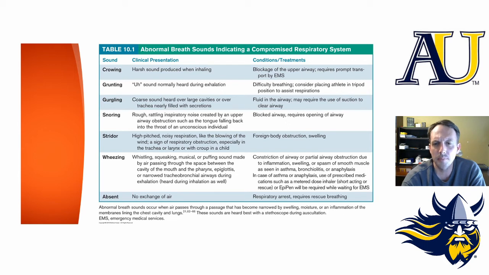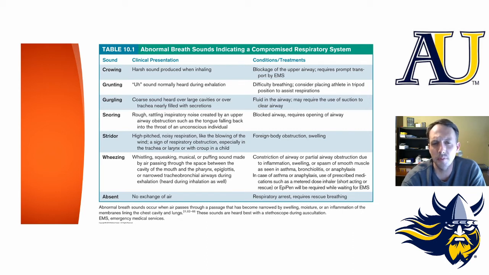But when we get into practice, what we're mainly looking at is we're going to do a quick assessment. Can we see whether or not there is any breathing going on? And then we're going to check for adequate breathing. And so we're going to listen with our stethoscope quickly on both sides for both lungs and see if we hear any of these abnormal breath sounds.